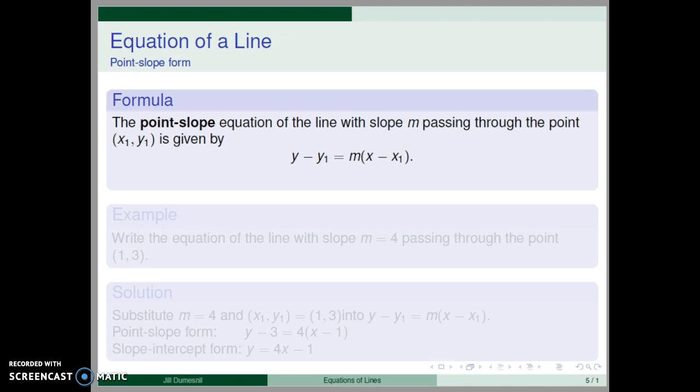Note that in this equation, x and y are variables, and x1, y1, and m are parameters or constant quantities.